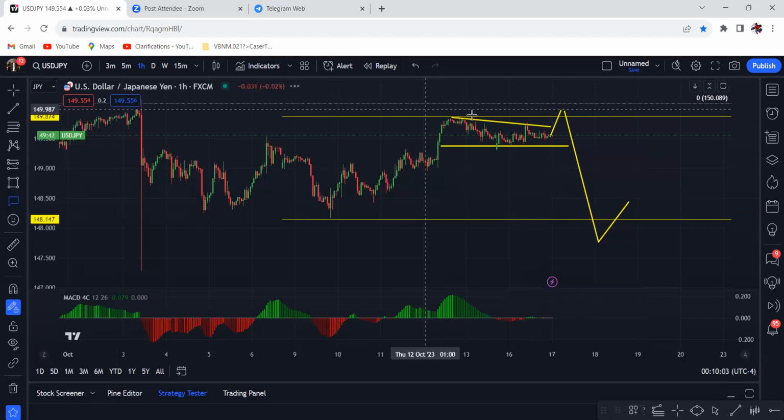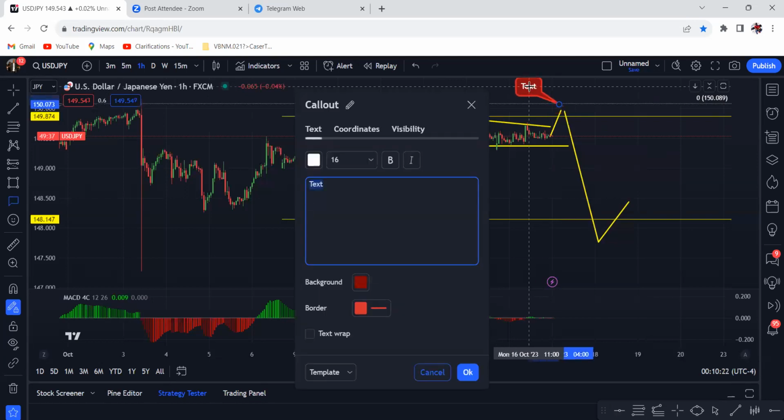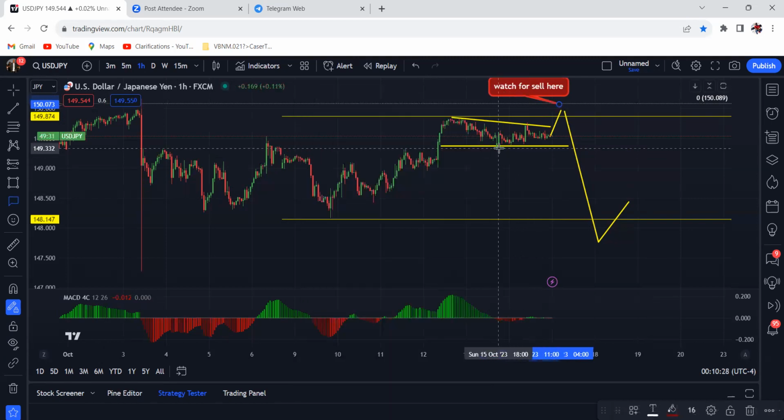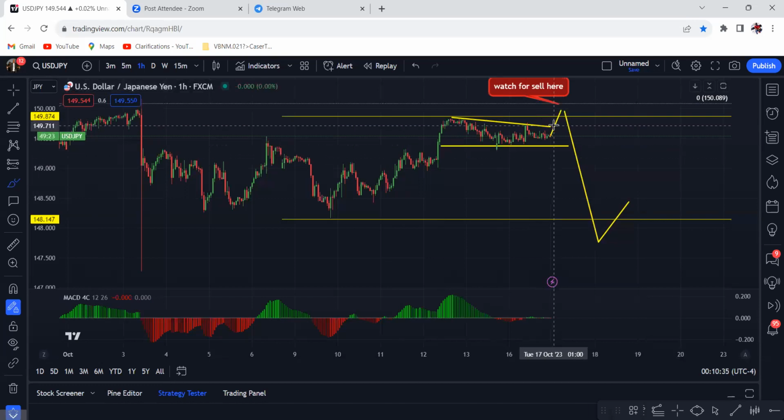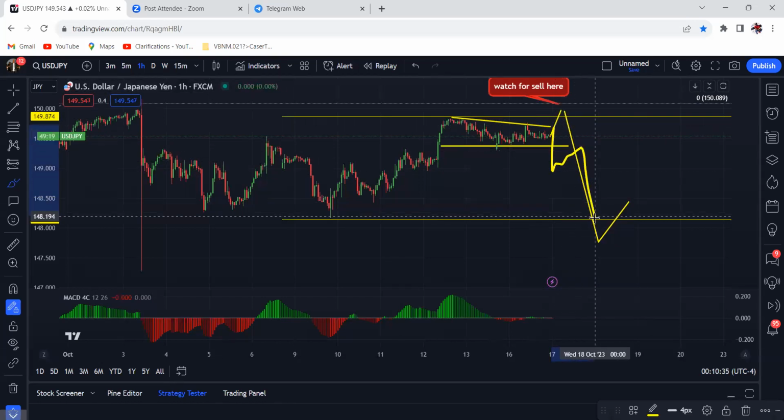Last week's low, last week's high. So if we're going to sell, right, watch for sell here. All right. Or let price break out of this, get a sharp move down. Right. Break the structure and then come down here.